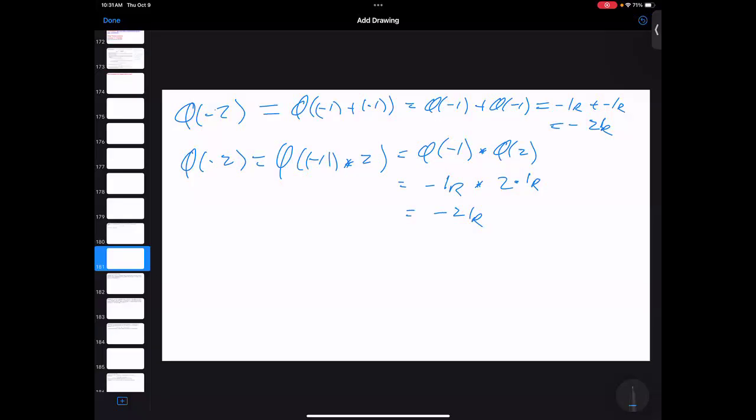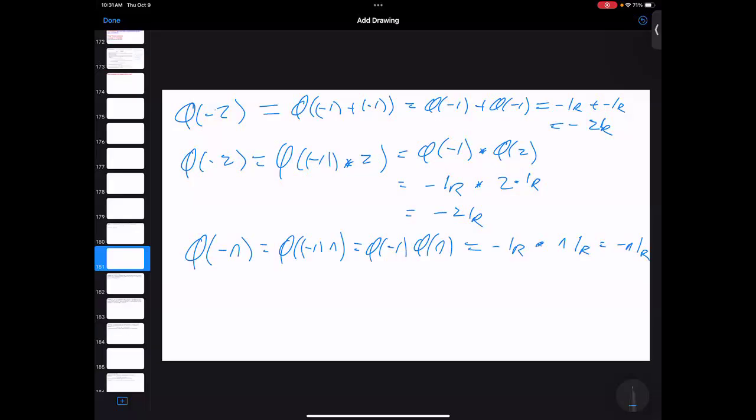And in general, once we know phi of n, I can write phi of -n as phi of -1 times n is phi of -1 times phi of n is negative identity times n times the identity is negative n times the identity.